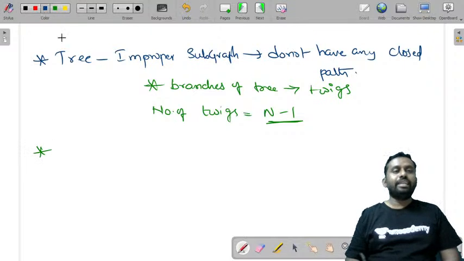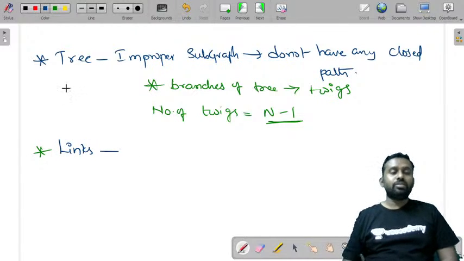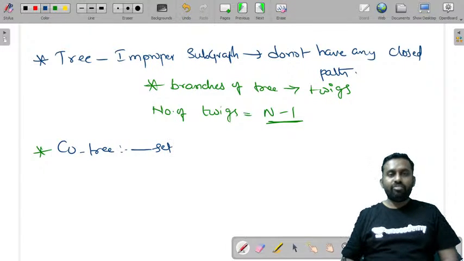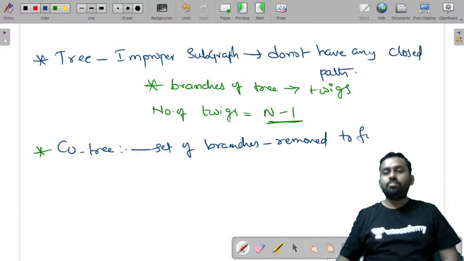The other thing is links. Sorry, co-tree. What is a co-tree? The set of branches removed to form the tree is called a co-tree.